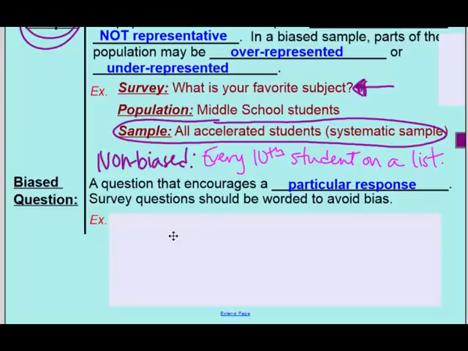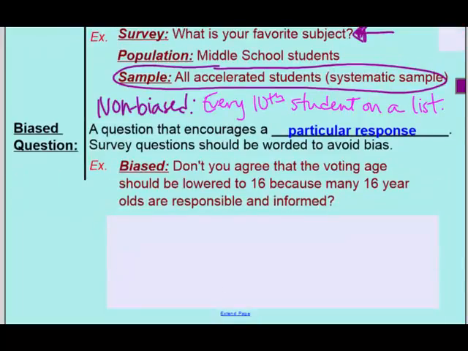So for example, a bias question will look something like this. Don't you agree that the voting age should be lowered to 16 because many 16-year-olds are responsible and informed? So in other words, this is pretty biased.